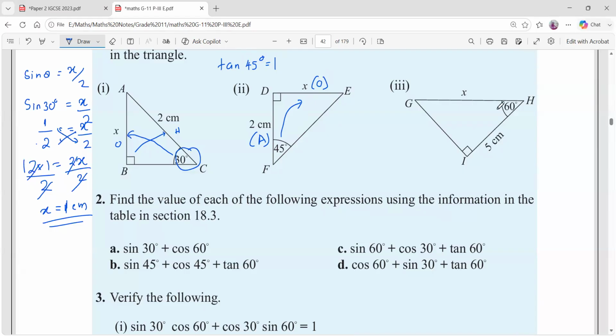Here also, here opposite, here adjacent, this one adjacent, this one hypotenuse, in front of 90 degrees always hypotenuse, this one adjacent. Adjacent over hypotenuse, cos. Cos 60 is 1 over 2. If cos 60 is 1 over 2, can you find this value? Try.